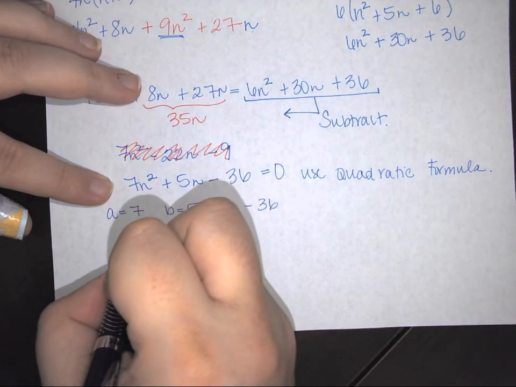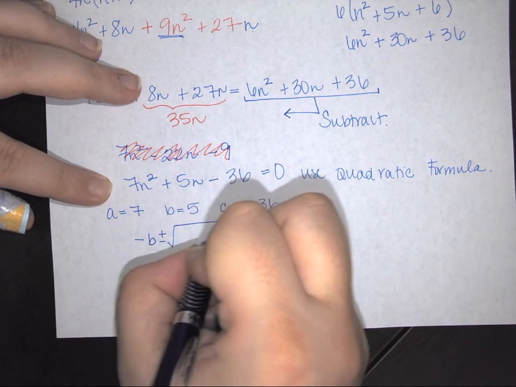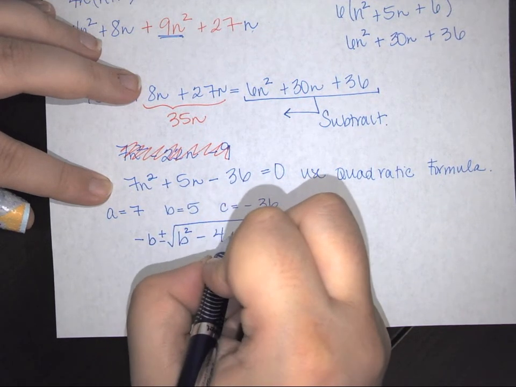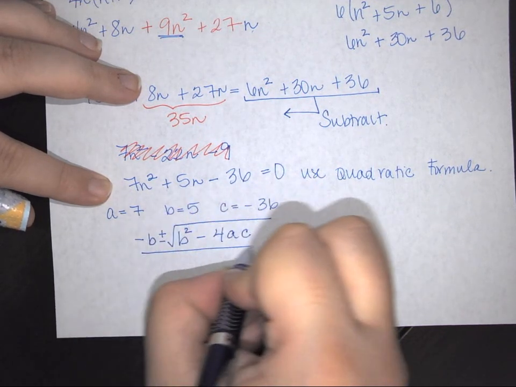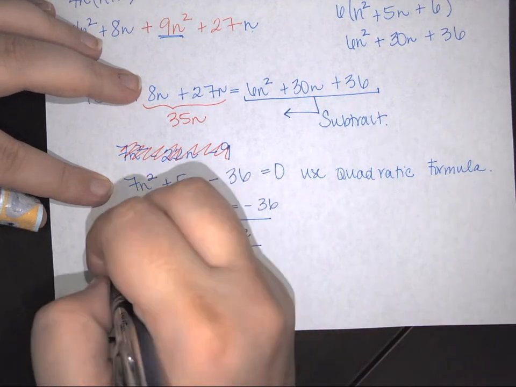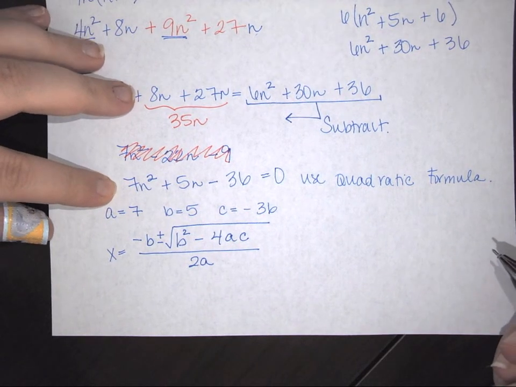And the formula itself is going to be negative b plus or minus the square root of b squared minus 4ac all over 2a. And this is what x or n or whatever is going to equal.